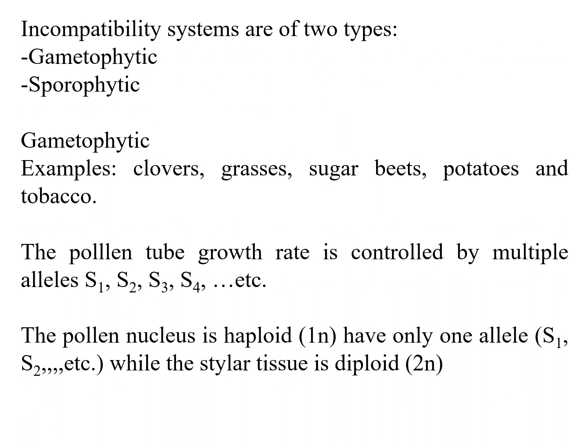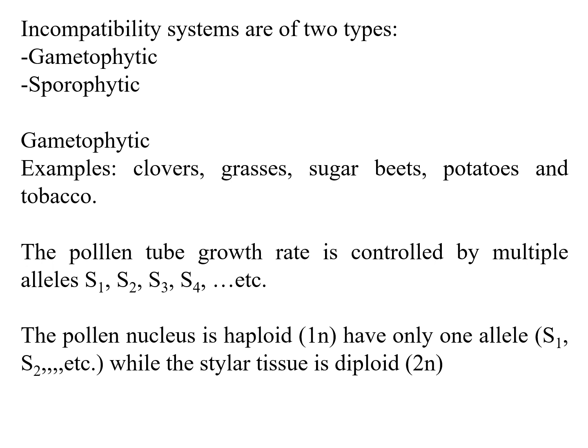We have two types, or two systems, of incompatibility. The first one we call gametophytic incompatibility, and the second one is sporophytic incompatibility. Gametophytic incompatibility is found in many plant species like potatoes, beets, sugars, tobacco.